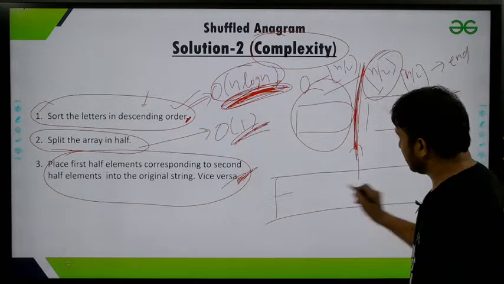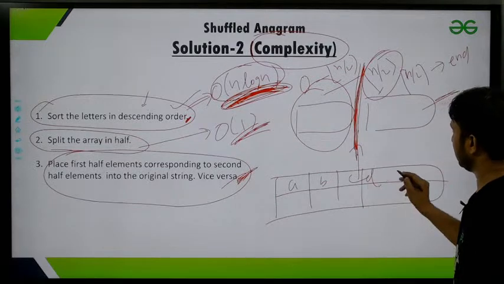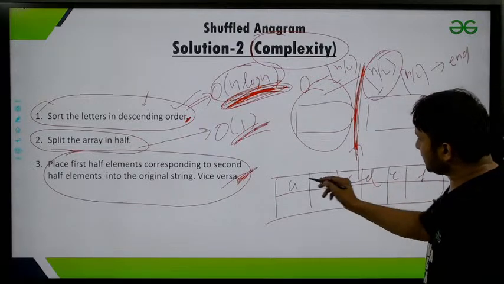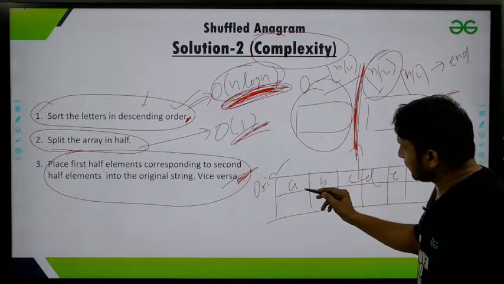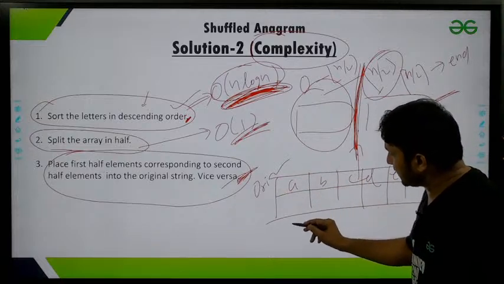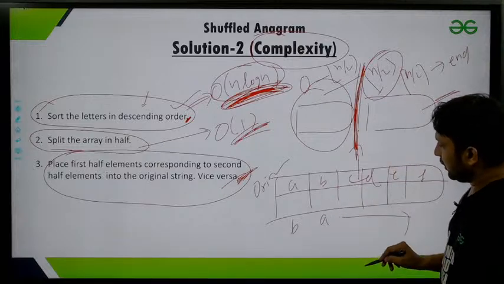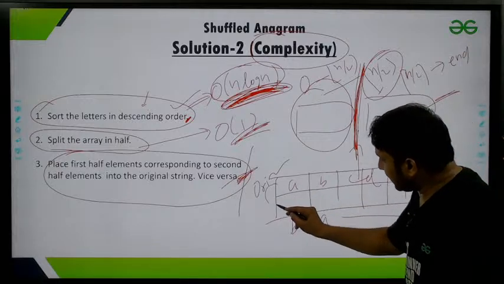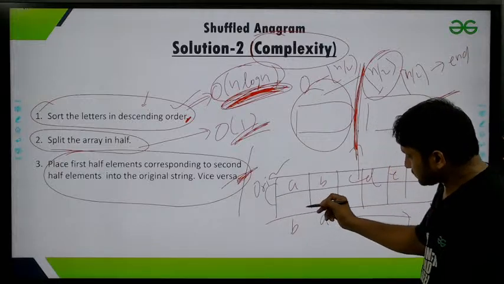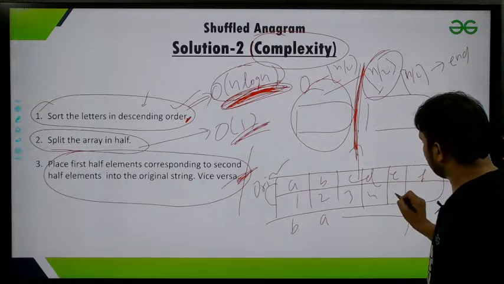Let's suppose this is our string A, B, C, D, E, F. This is my original array. I'm replacing here, in place of A maybe B, and in place of B, A, whatever I'm doing in this step. So I'm storing with my array its index location also, let's suppose 1, 2, 3, 4, 5, 6.